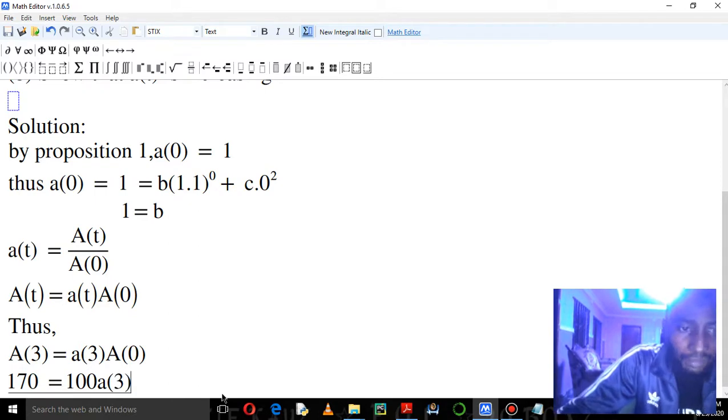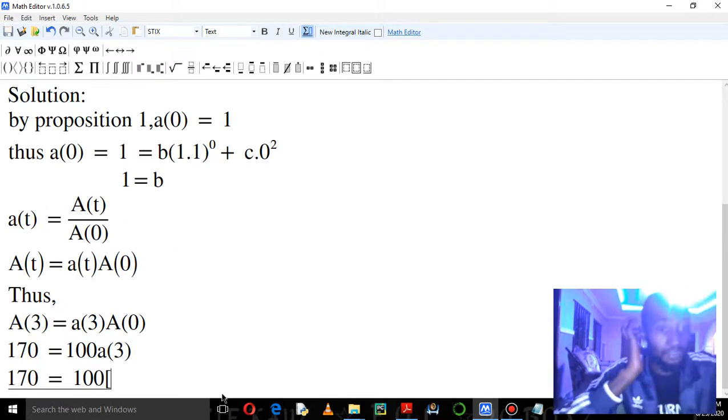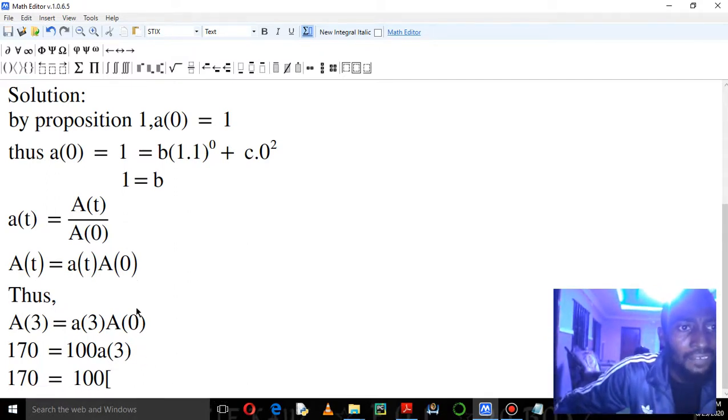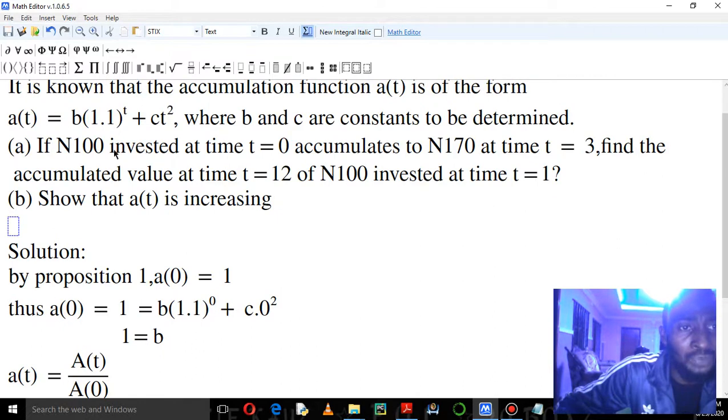So now 170 is equal to 100 into bracket, our small a of 3. We are given an accumulation function, an amount function: A of t equals b times 1.1 raised to power t plus c t squared.